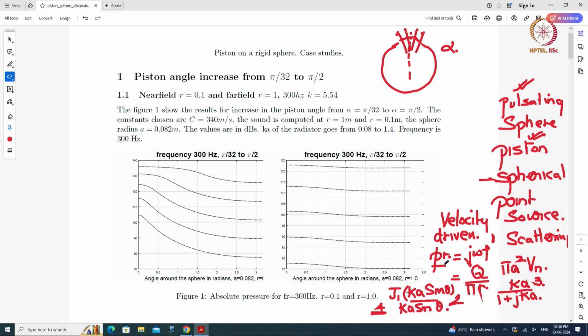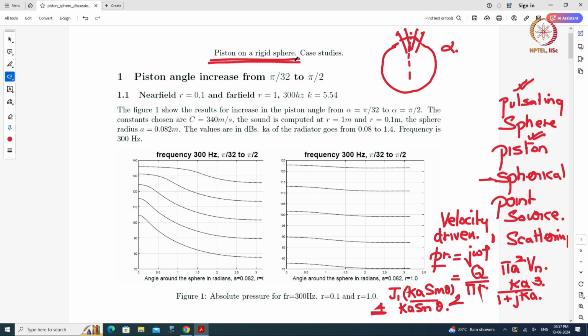So now we are going to look at this case of a piston on a rigid sphere, for which we have derived all the expressions. Now what I am going to do is look at numerically computed cases.